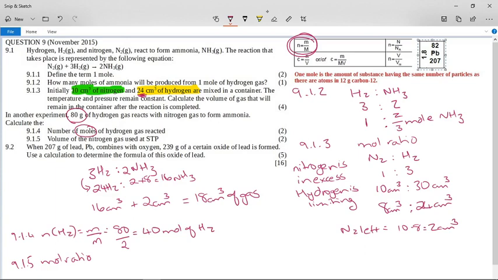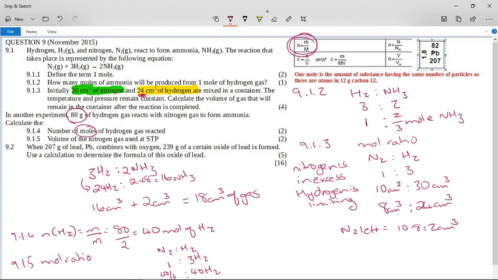The mole ratio from the coefficients of the balanced equation, nitrogen to hydrogen, is 1 mole of nitrogen to 3 moles of hydrogen. So we had 40 moles of hydrogen, which means we've got 40 divided by 3 moles of nitrogen. We don't need to work that out yet. You can work it out and get a number, but for now we want the volume of gas used.